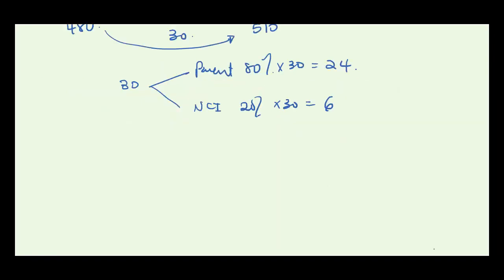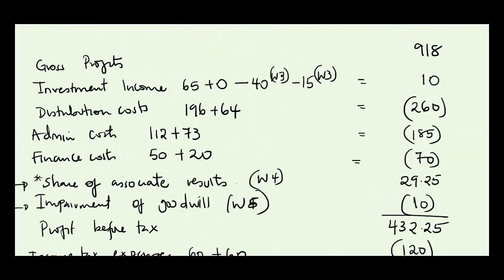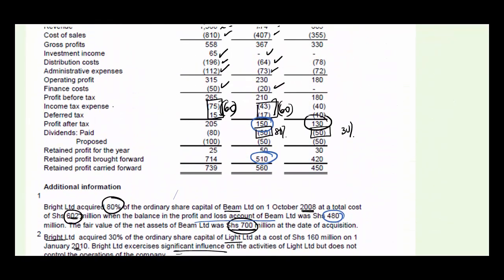So note that the parent also has its own retained earnings. So what were the parent's own retained earnings as at that date? Okay. So brought forward, it had 714.